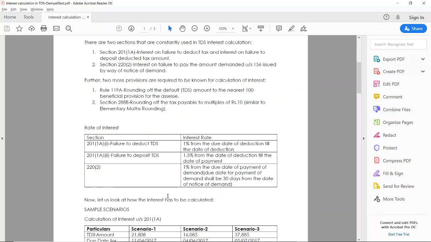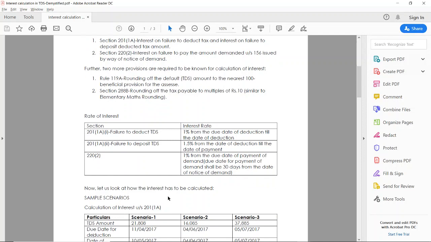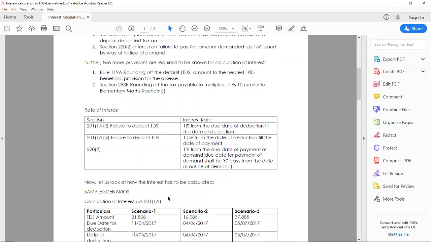Now we will look at sample scenarios I've given on how to go about calculating interest. Another two rules one would have to know are Rule 119A, which speaks of rounding off the default amount to the nearest 100.